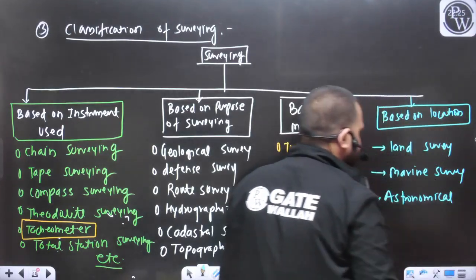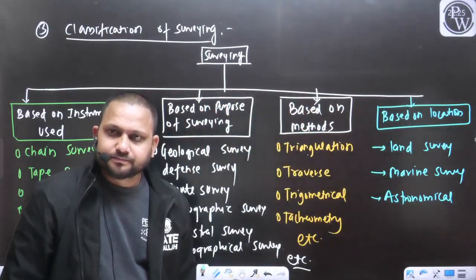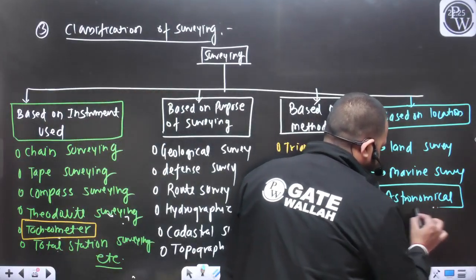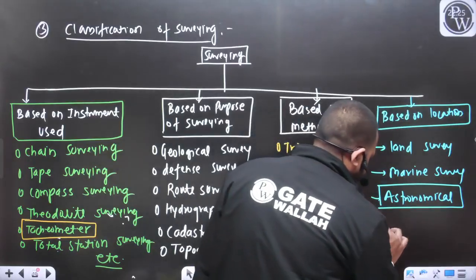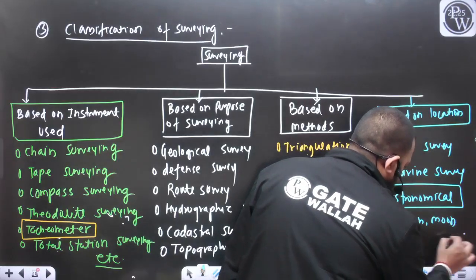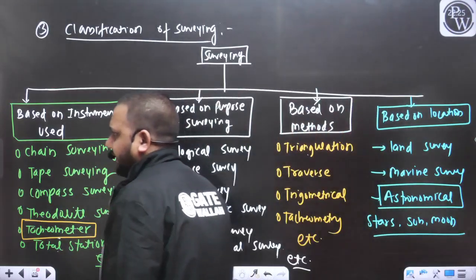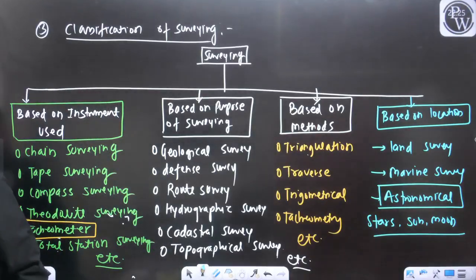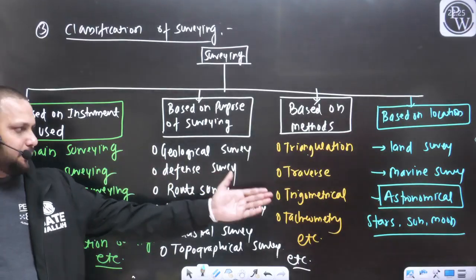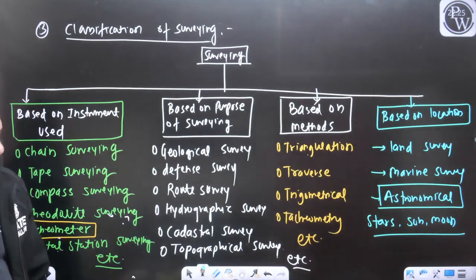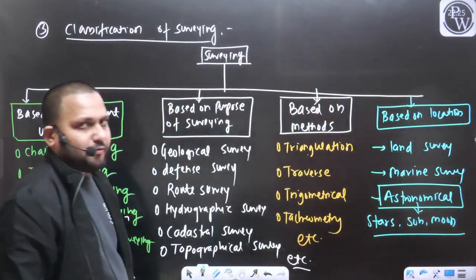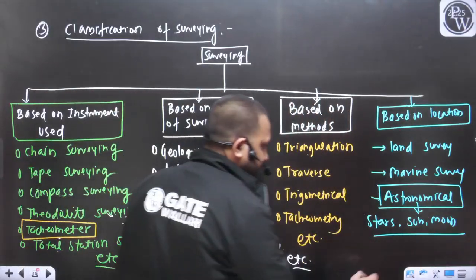Astronomical surveying deals with locating the position of stars, sun, moon. If you want to define their position, if you want to collect the data related to the position of the star, sun and moon, in that case we should go for the astronomical survey.